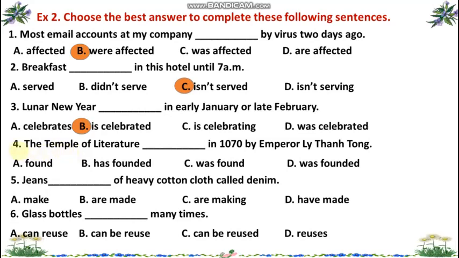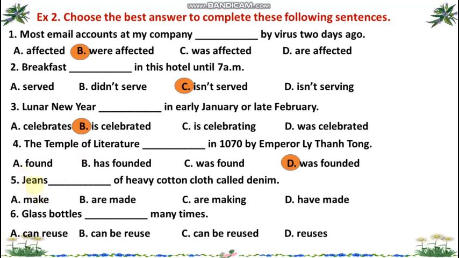And number 4, we can see by, and in 1070. So which answer do you choose? Yes, of course, D. The Temple of Literature was founded in 1070 by Emperor Ly Thanh Tong.